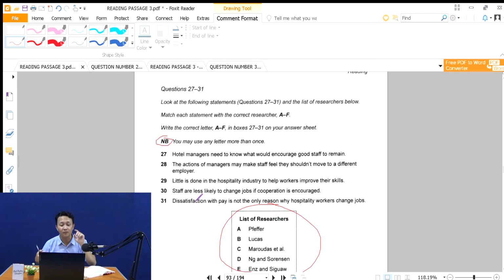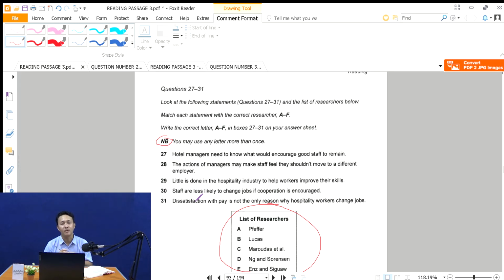So it means that there are 5 information that you have to find. Okay, focus on them. So try to understand 27, hotel managers need to know what would encourage good staff to remain, and then read until number 31, and then understand what information that you need to find.